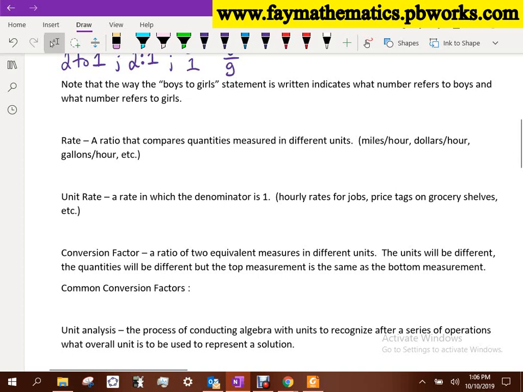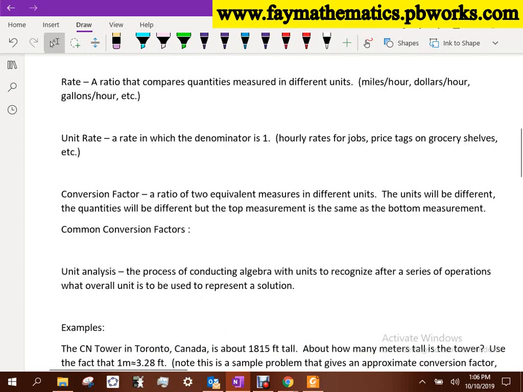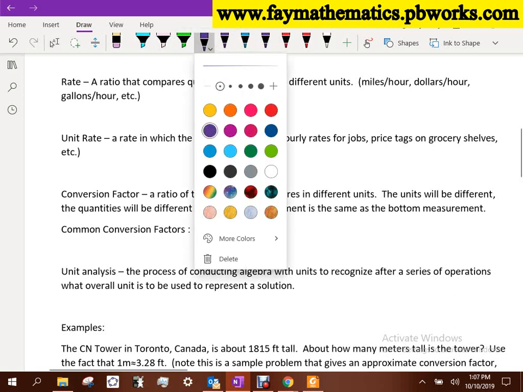Okay. That brings us to a unique type of ratio, a special type of ratio. It's called a rate. Okay? And you guys are familiar with rates. But it's a comparison of quantities that are measured in different units. For instance, I'll just draw a comparison to what is not a rate first.